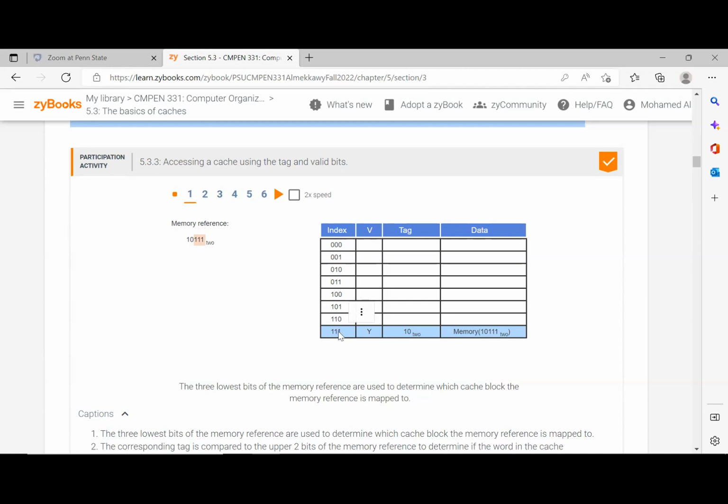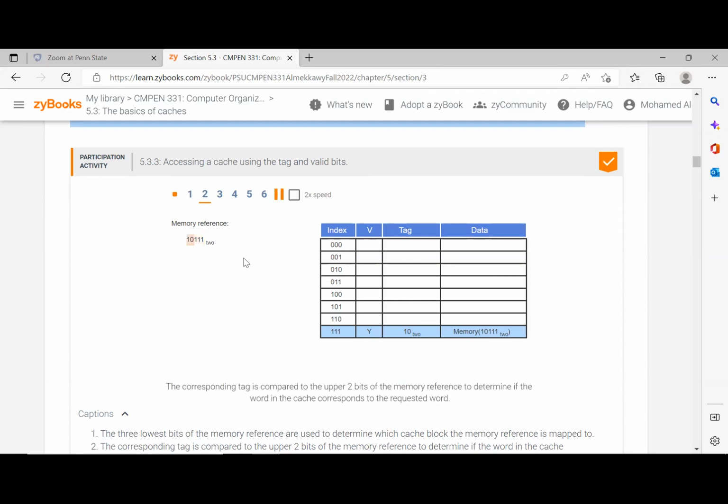Yes, here's the location. I found something valid. Yes, it is valid, but there is extra information that I need to check. Is the tag the same or not? My tag here is 10. The tag that is there is 10. Yes, this is the information that I'm looking for. So I hit. Hit means that now I can use it and exchange the information with the cache memory. Please give me this information.